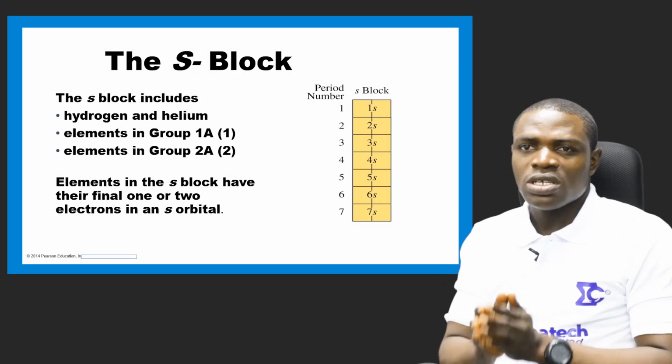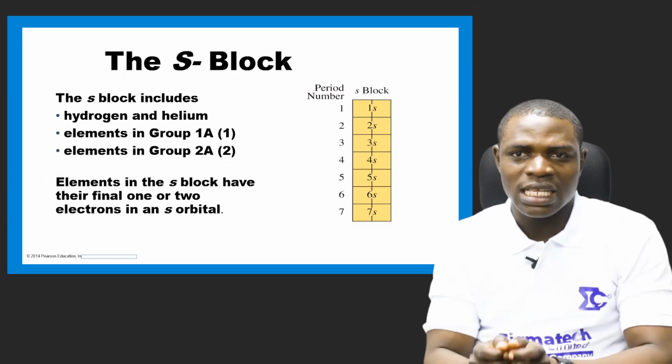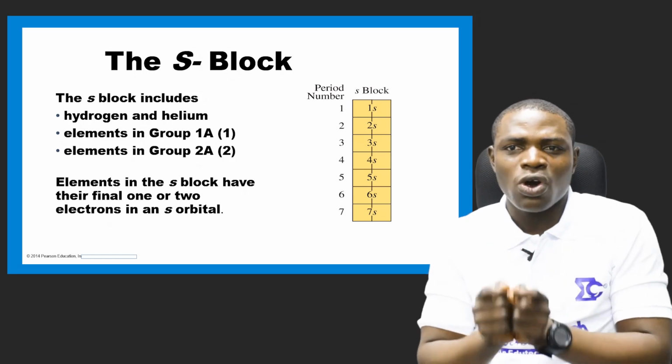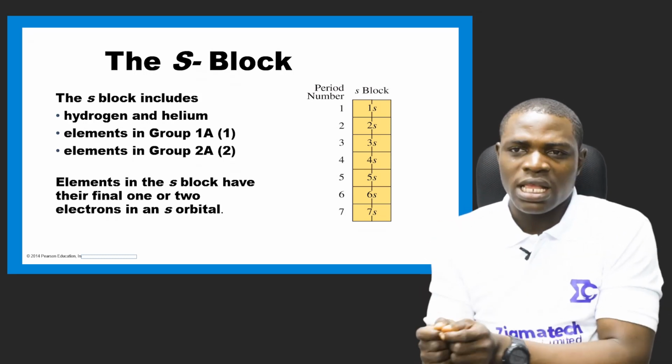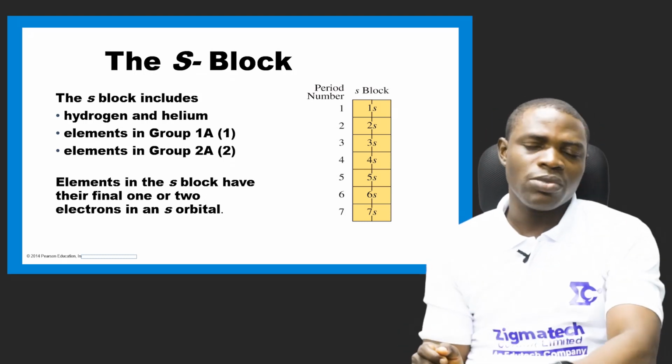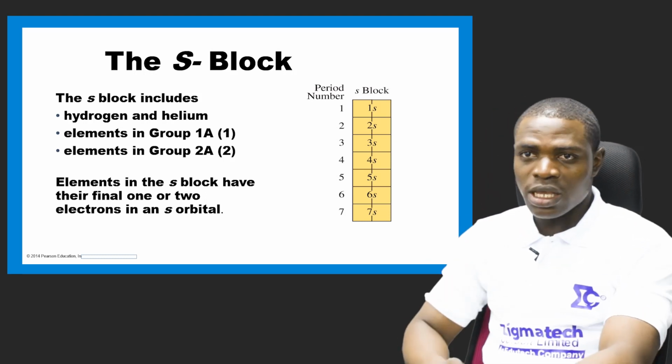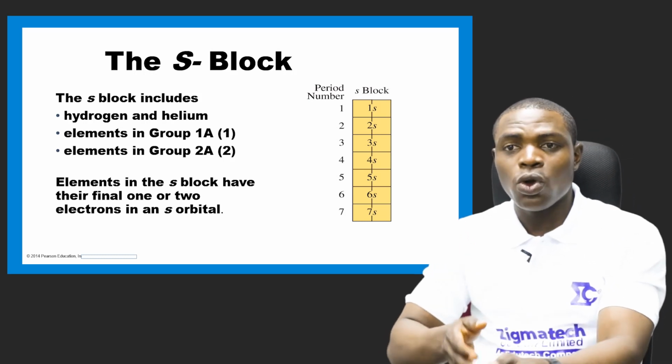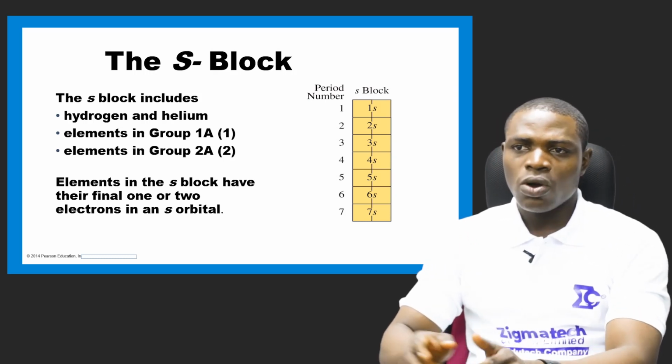As such, these 2 elements are what we call elements in group 1A. That's the name we give them. We call them group 1A elements because the electrons in their valence shell can only occupy the S orbital.